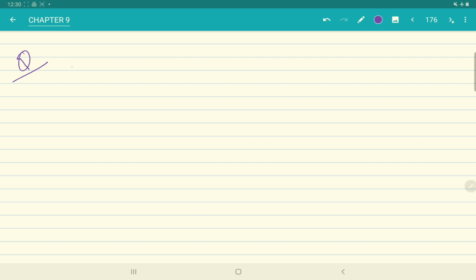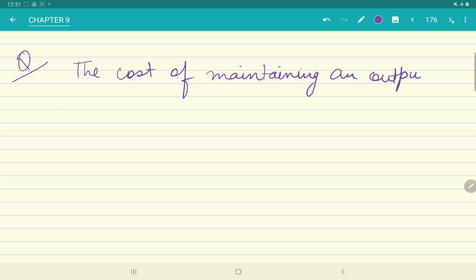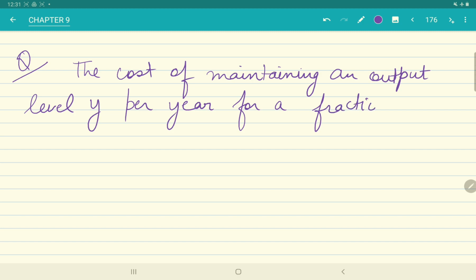The point to note here is that the cost of maintaining an output level Y per year for a fraction lambda of a year is lambda C of Y.